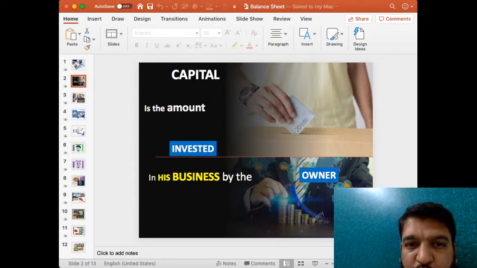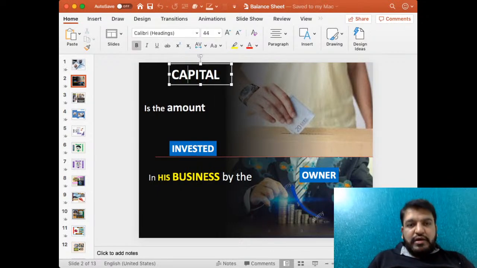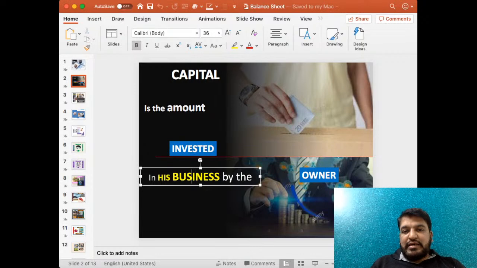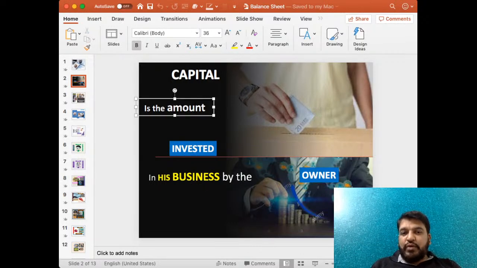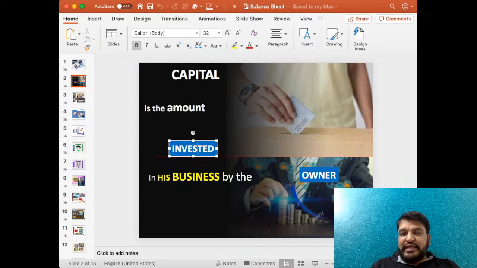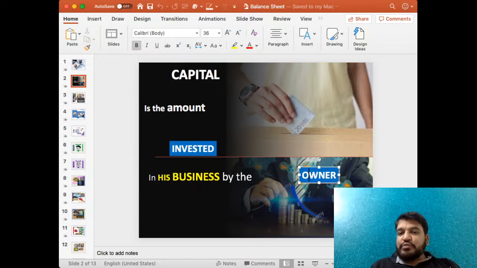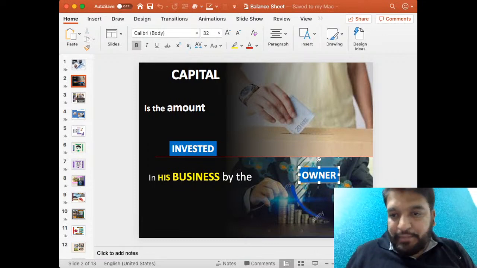So over here the keywords are: the amount invested in business by the owner. Okay, so it has to be an amount, invested in his business, not anybody else's business. It has to be in his own business, and it has to be by the owner. By the owner. Okay, that is capital.